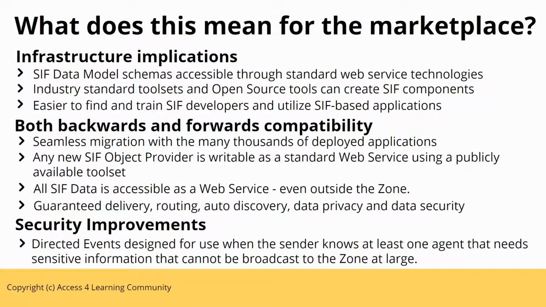This second web service reference infrastructure is equal to and compatible with the first. SIF web services will interoperate seamlessly with previously deployed SIF applications, and they directly benefit from the entire set of SIF infrastructure functionality, including guaranteed message delivery, content-based routing, publish and subscribe, auto-discovery, and data security.